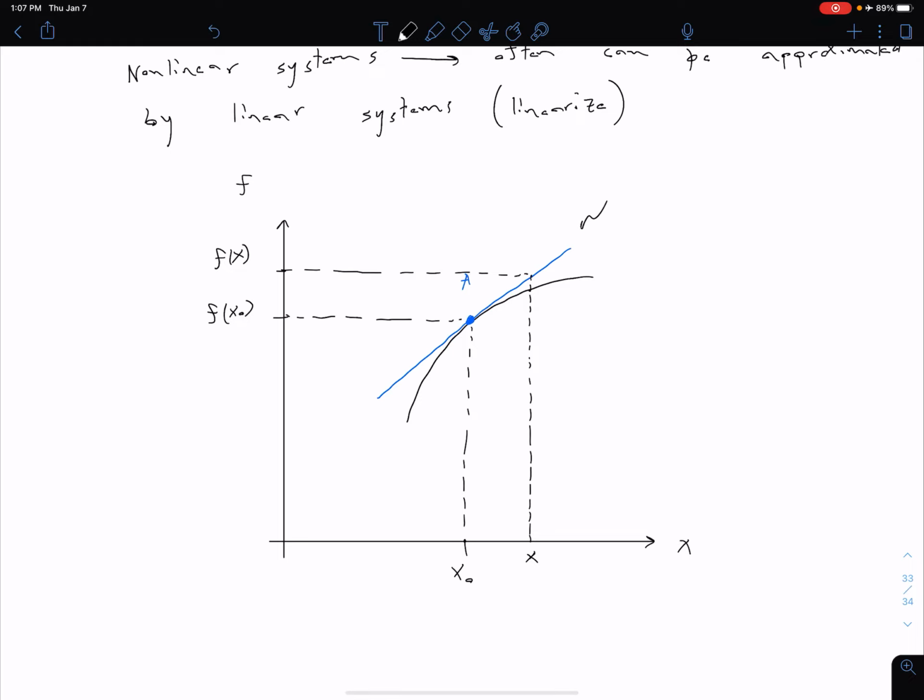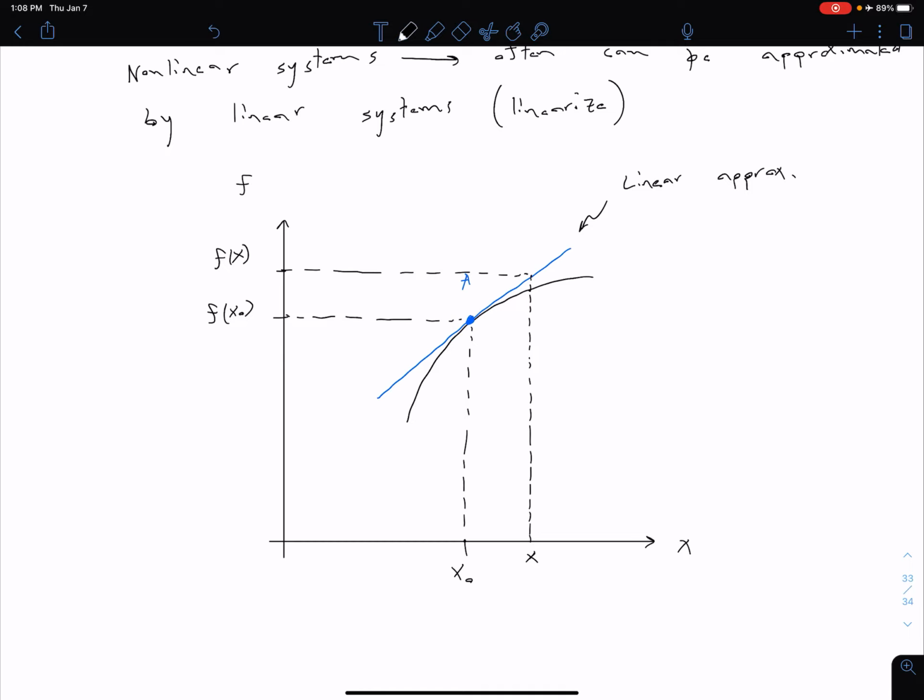Let me come back here for a second and label this blue curve, which would be our linear approximation. Obviously this is a pretty big difference here, but keep in mind that's just so that we can see it. As the difference between x and x naught gets really small, that's going to be a pretty good approximation for our system.